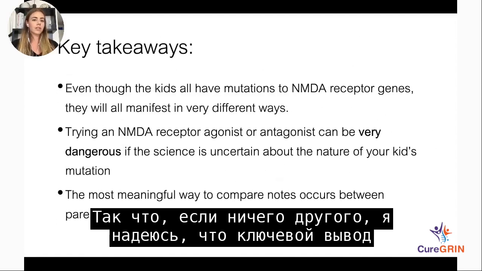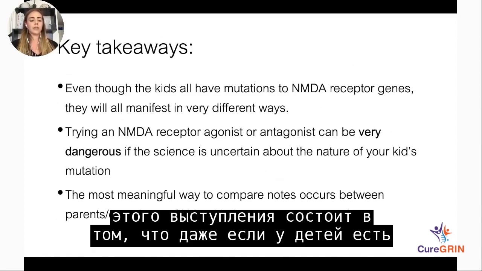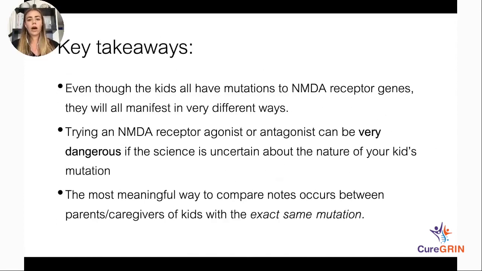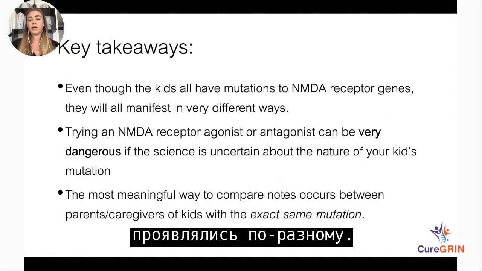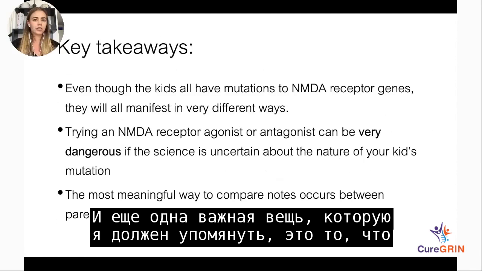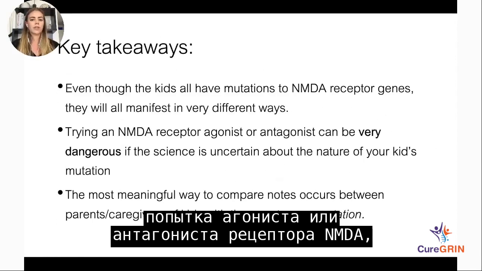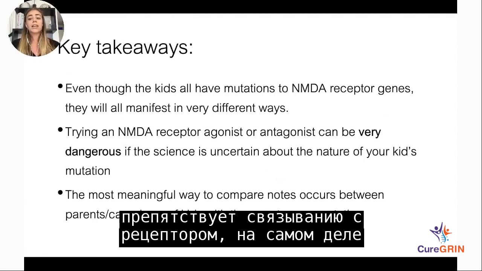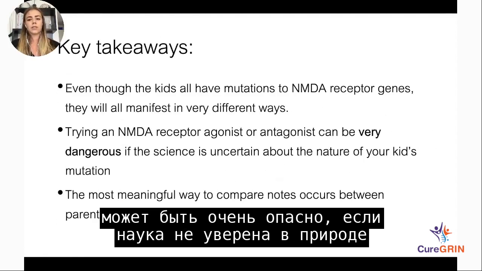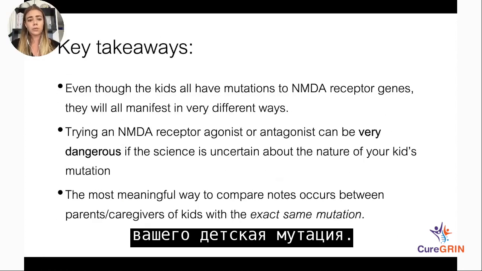So if nothing else, I hope that the key takeaway of this talk is that even though the kids all have different mutations to NMDA receptor genes, they will all manifest in very different ways. And the other big thing that I should mention is that trying an NMDA receptor agonist or antagonist, something that binds to the receptor or prevents binding to the receptor, can actually be very dangerous if the science is uncertain about the nature of your kid's mutation.